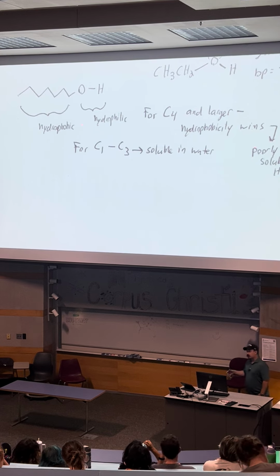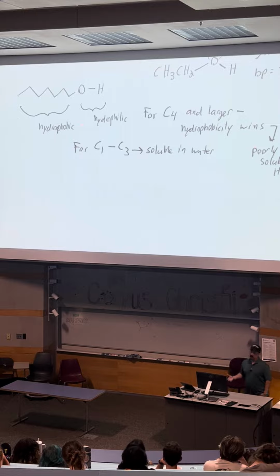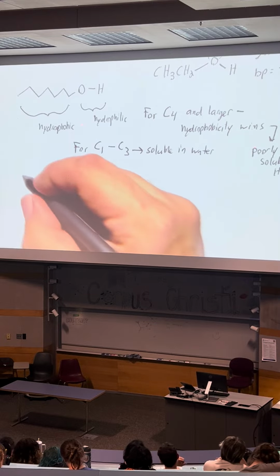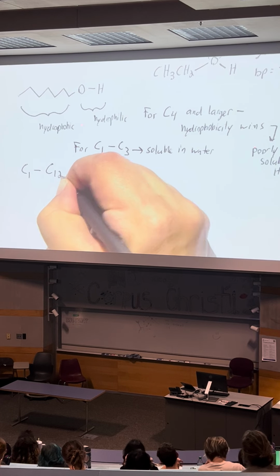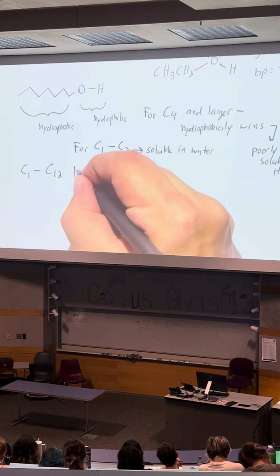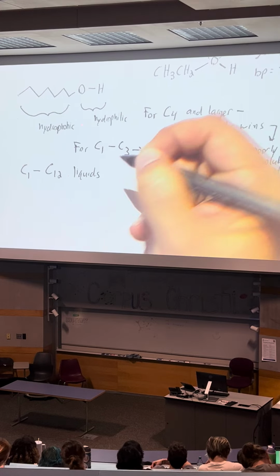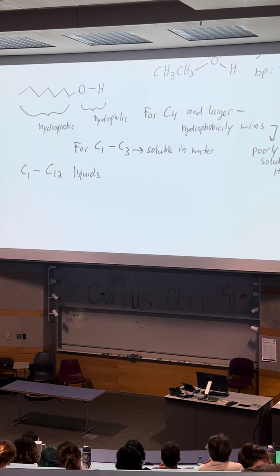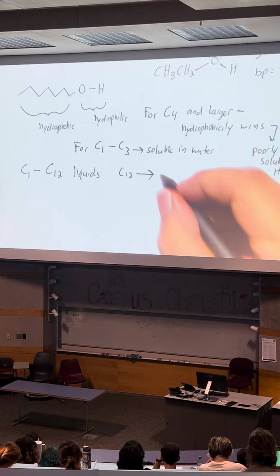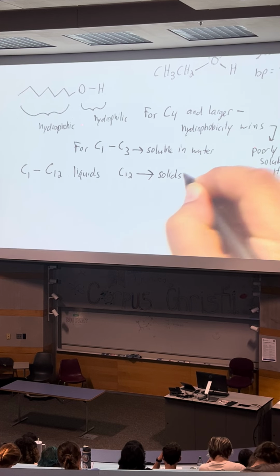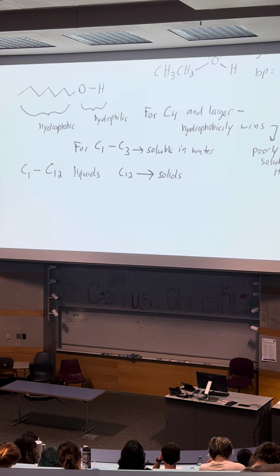That's not necessarily a discussion about what their natural state is at room temperature. If you're looking at methanol all the way to C12, these alcohols are liquids at room temperature. If you're looking at alcohols greater than C12, then these are going to be solids. You weigh them out on a scale and use them in their reagents.